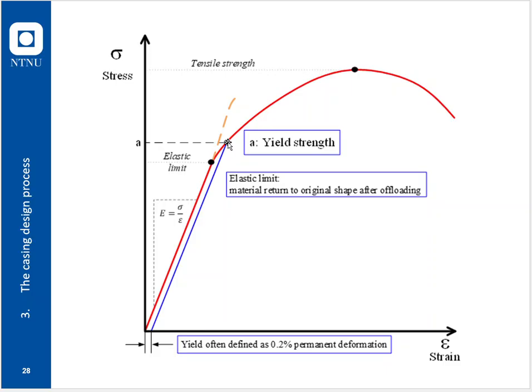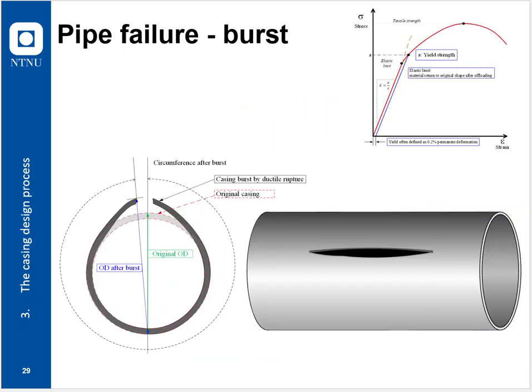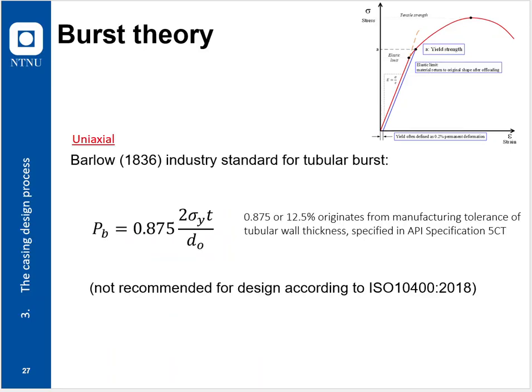It is yielding, and it's deformed 0.2%. And how do you measure that? You have to have micrometers, more or less, to know that yes, we have changed a piece of pipe 0.2%. It's not much. So that's the inherent difficulty with burst.